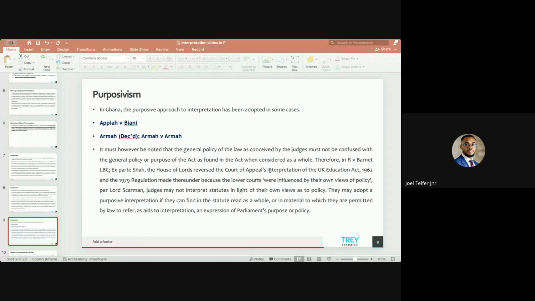Similarly, in the case of Amma deceased, Inri and Amma, the court adopted this approach again, and the deceased in that case died intestate in 1980. And in 1986, after the coming into force of the PNDC Law 111, an application for the grant of letters of administration in respect of his estate was filed in the High Court.